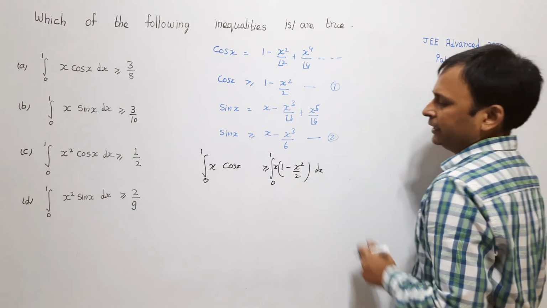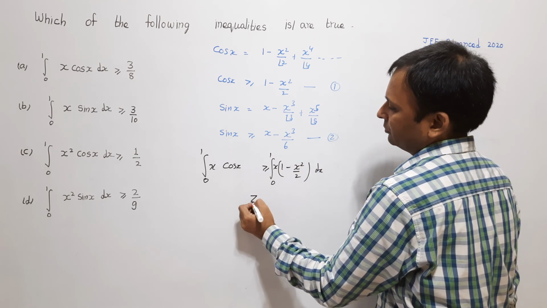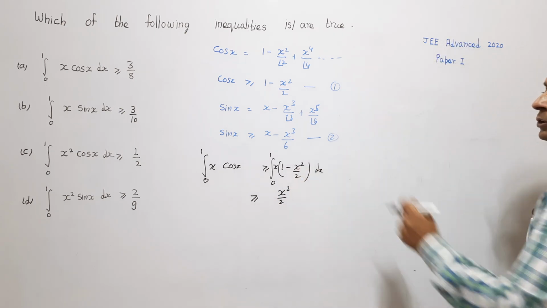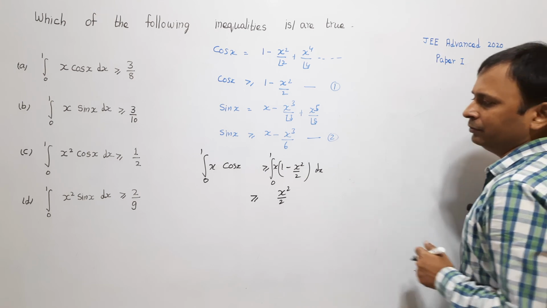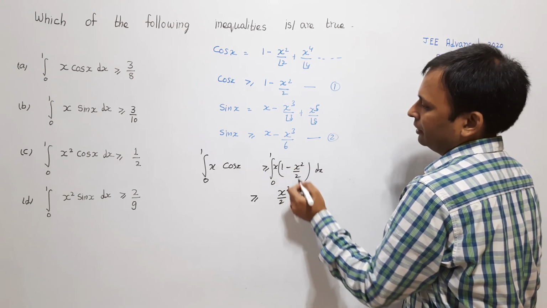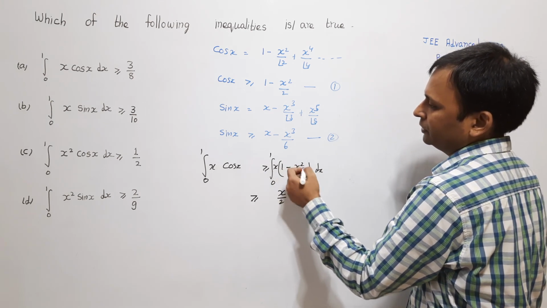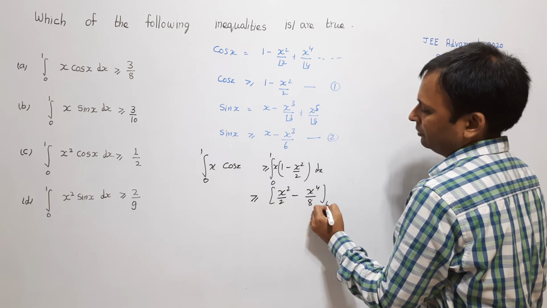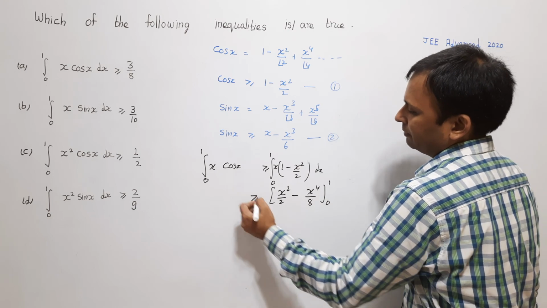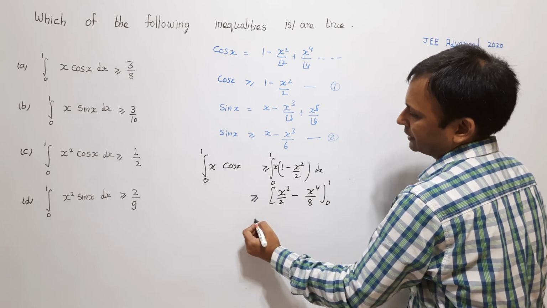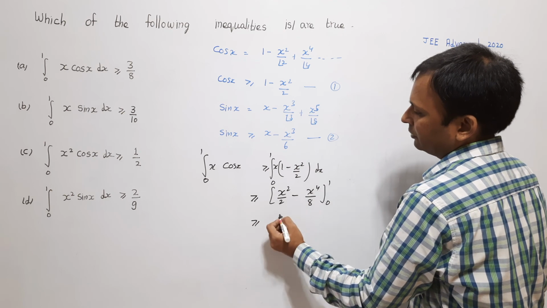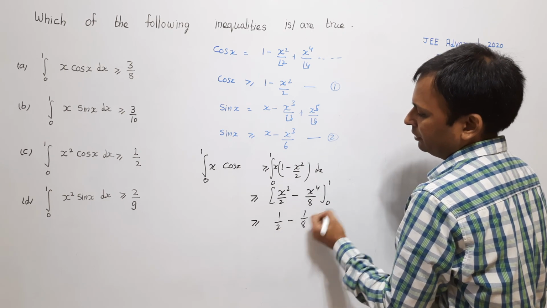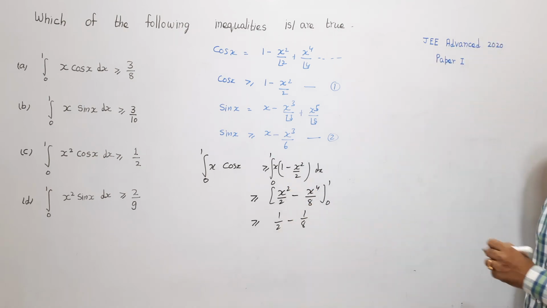Now if I integrate the right hand side, x into 1 is x, whose integral is x square by 2, and x into x square by 2 is x cube by 2, whose integral is x to the power 4 upon 4 into 2, which is 8. This value will be from 0 to 1. That means the integral of x cos x will always be greater than or equal to, putting the upper limit, 1 by 2 minus 1 by 8, and for the lower limit 0 minus 0.